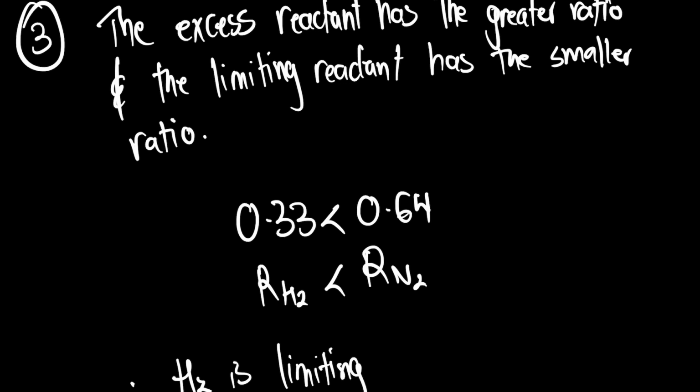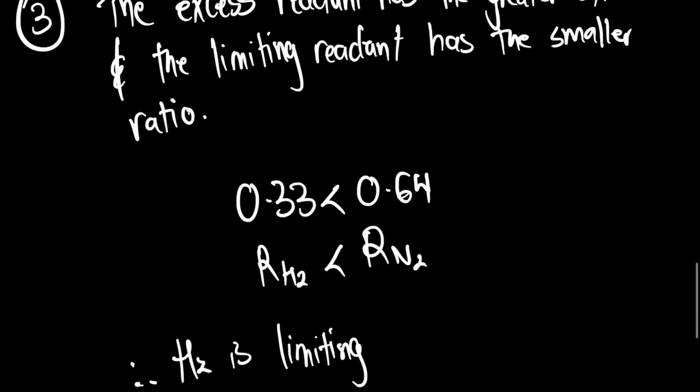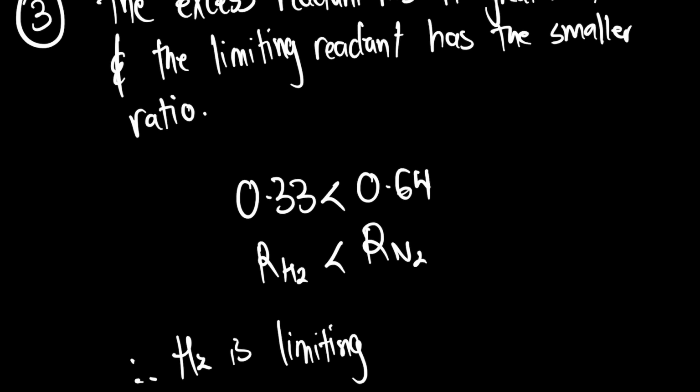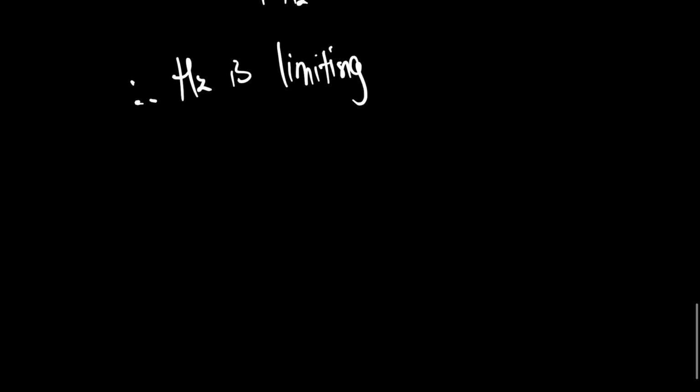And from here on out, you can do a lot of calculations with this information that you've found. So such as the theoretical yield or how much mass is remaining.